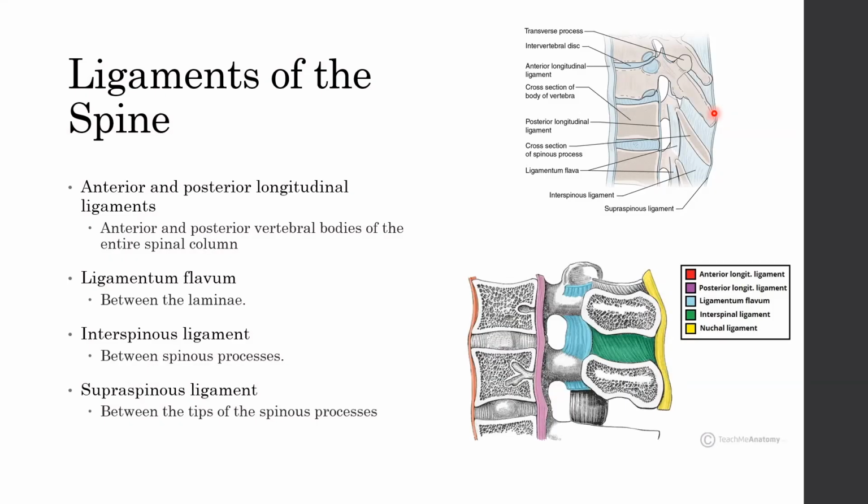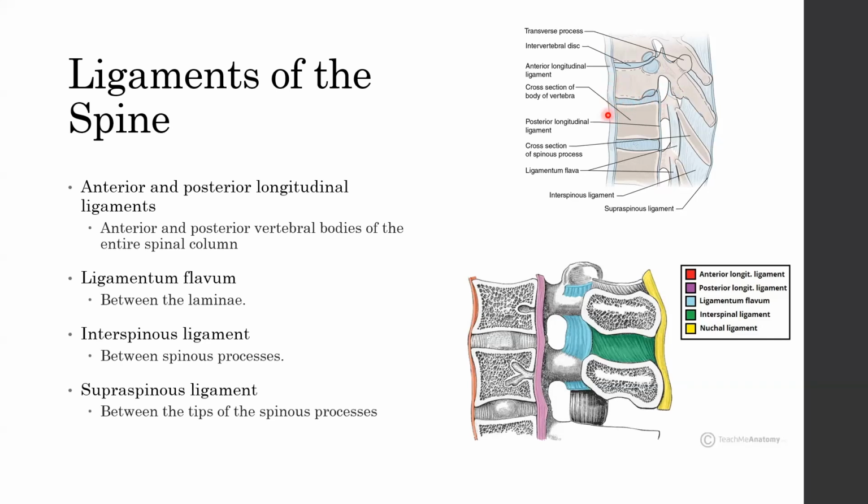So for the ligaments of the spine, we have our anterior and posterior longitudinal ligaments. You notice that the anterior longitudinal ligament is larger compared to the posterior longitudinal ligament. And this will also explain why whenever we have disc herniations, the nucleus pulposus will actually protrude more on the posterior side.